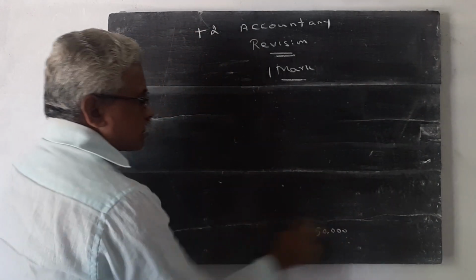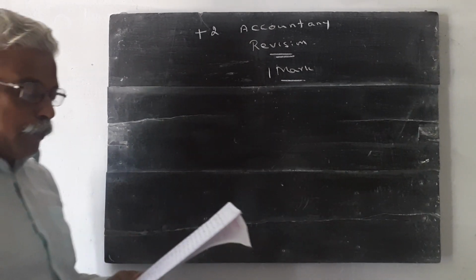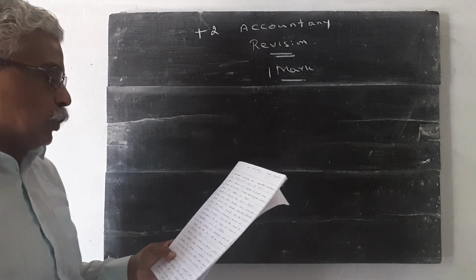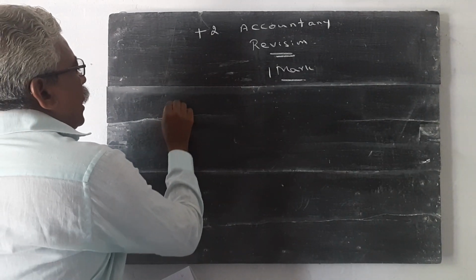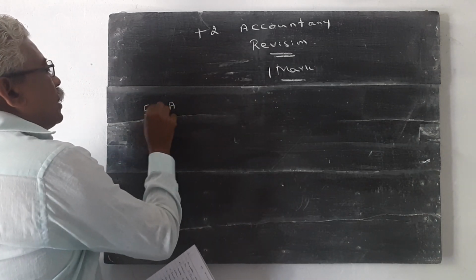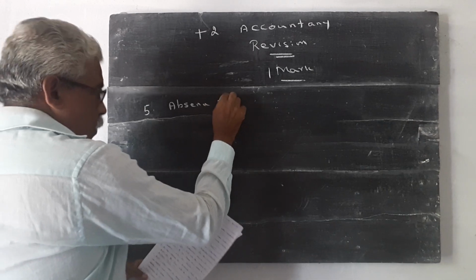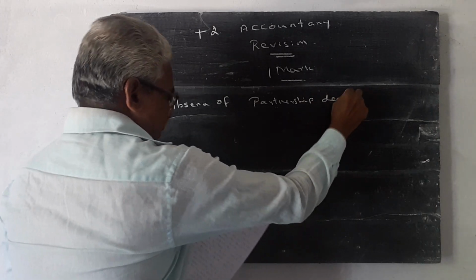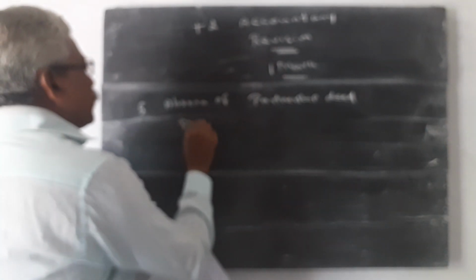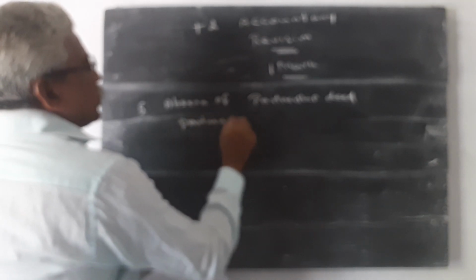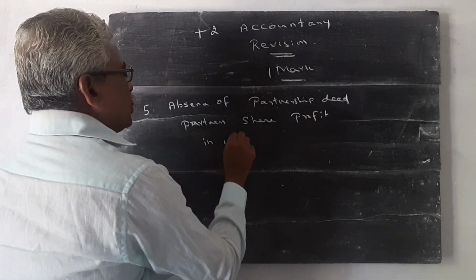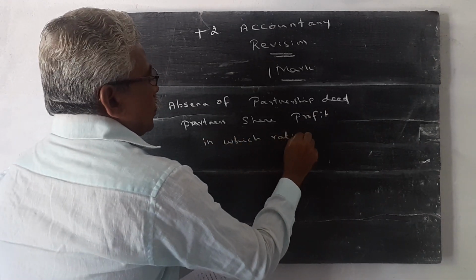Then 5th question. In the absence of partnership deed, profit of the firm will be shared by the partners in dash ratio. That is the question.